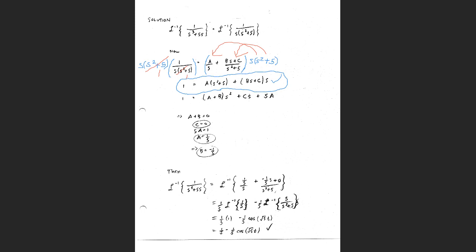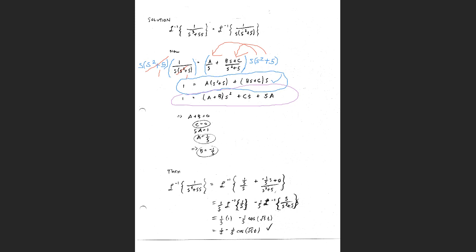Now, I like to group things together. I can rewrite this equation, 1 equals a times s squared plus 5 plus bs plus c times s, as 1 equals the quantity a plus b times s squared plus cs plus 5a.